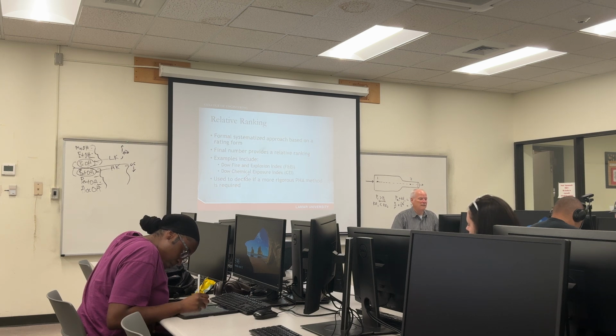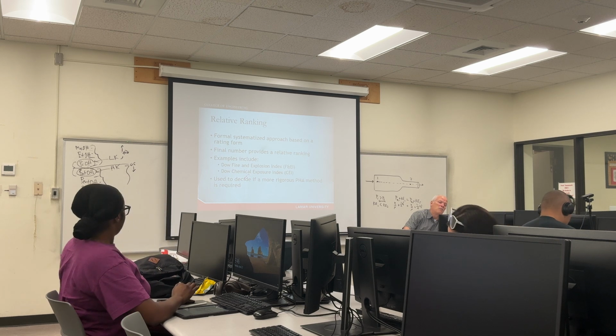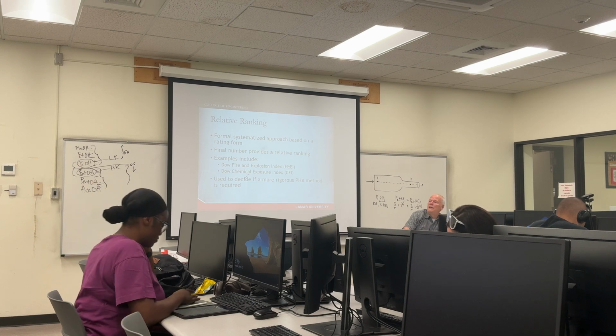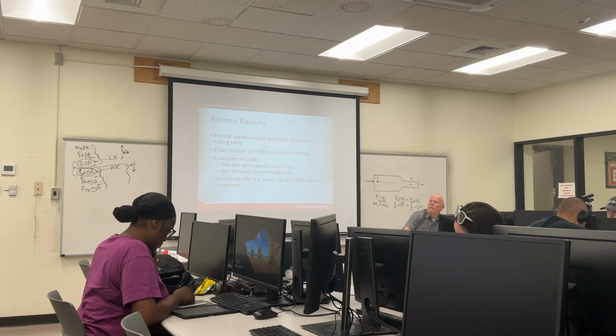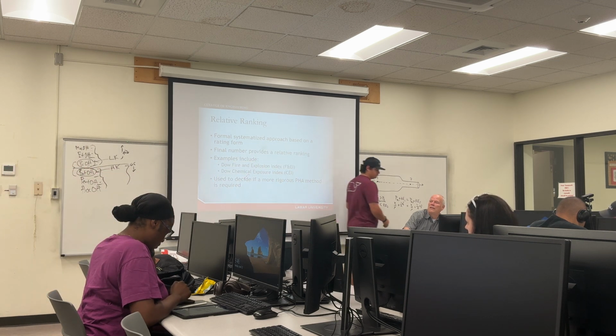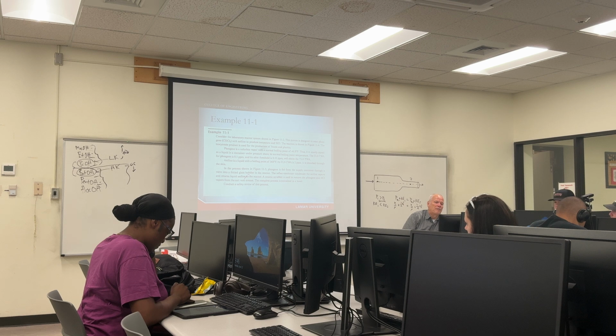Relative ranking, we're not gonna do, this is more for chemical systems than anything else. You go in and say, what is the chemical that you're processing? And then they give rankings based on that. There's a Dow fire and explosion index and a Dow exposure index. We probably don't have much of that for our systems. You may have some H2S in your refinery, but I don't know if you have anything in your NGL that's a chemical.